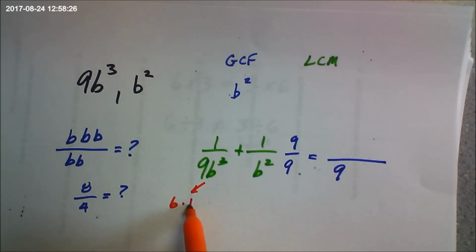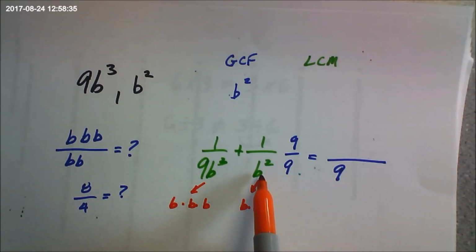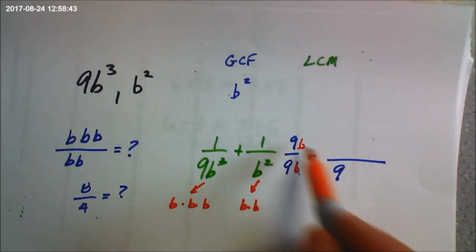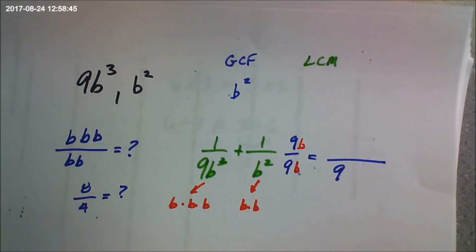This b cubed is actually 3 b's. And this one is just 2. Baylin, do you see what's going to happen? I need to make this one into 3. It's got 2 right now, so I need to put one more with multiplication. So I have to multiply by b. Do you see? And b squared times b, you're multiplying those, right?